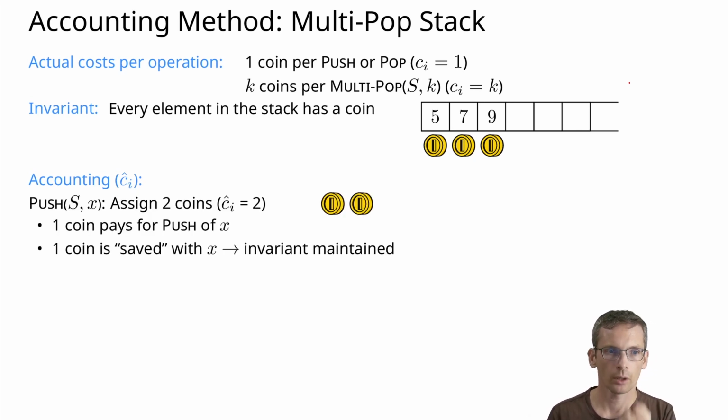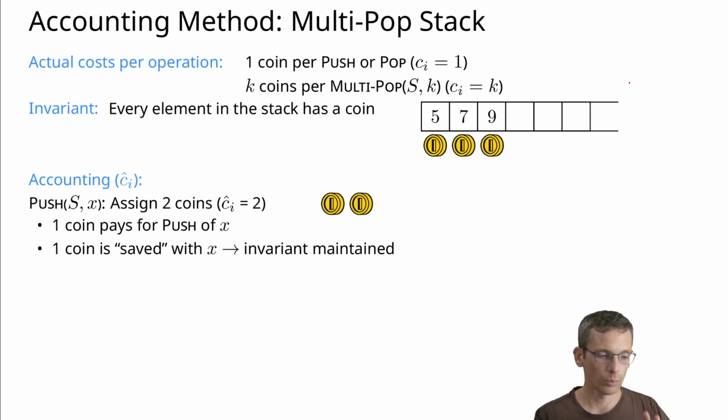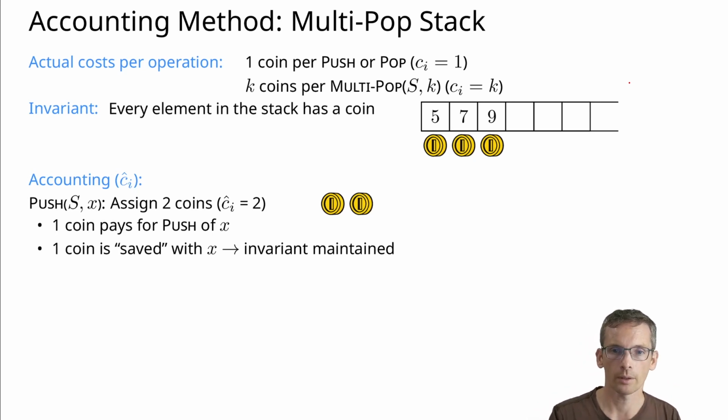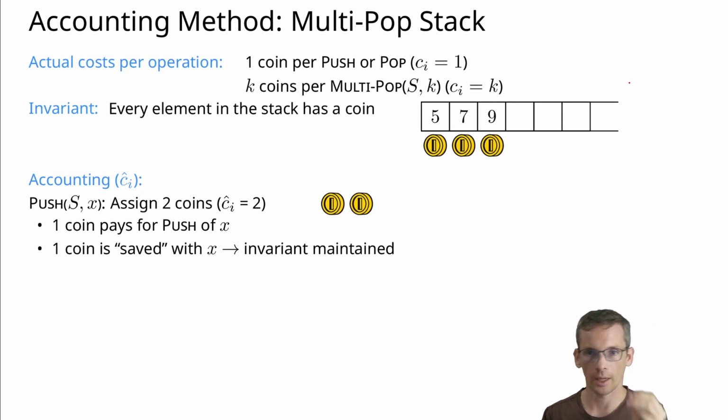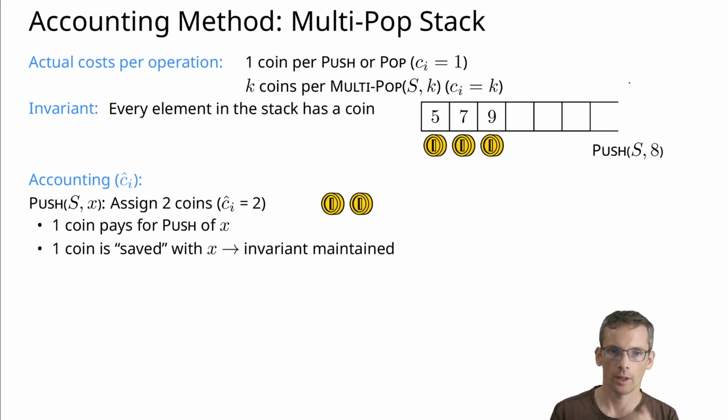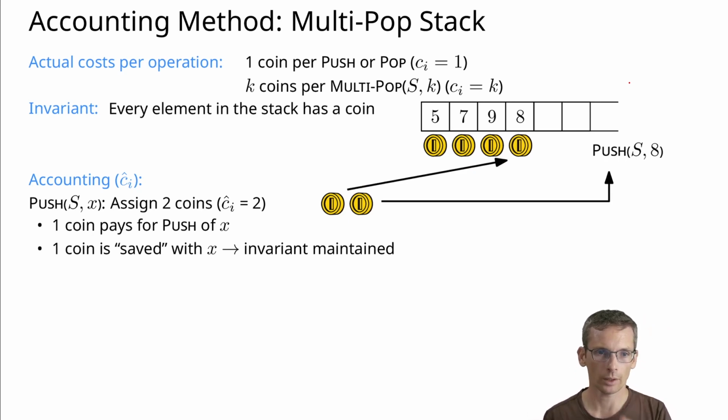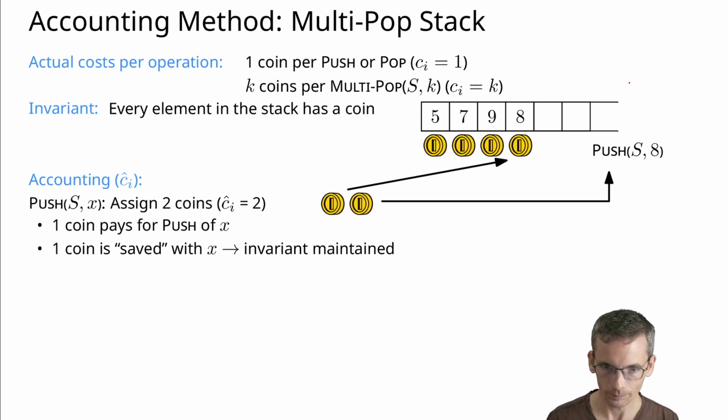For push, I will assign an amortized cost of 2, because I need 1 coin to pay for the push itself, and then I want to save 1 coin with the element that I push. So if I push 8 here, for instance, then 1 coin is stored with 8, and the other one pays for the push. Therefore, the amortized cost of push is 2.